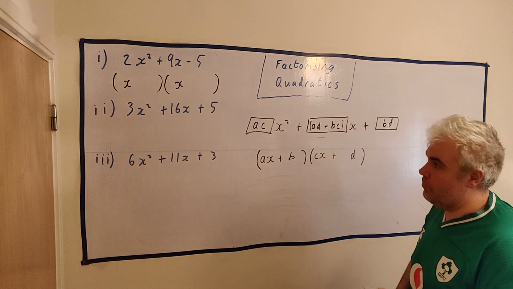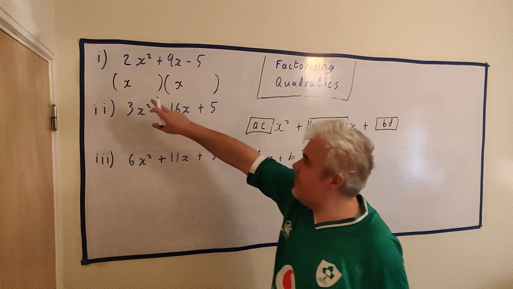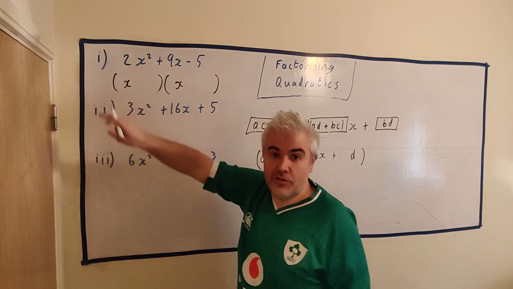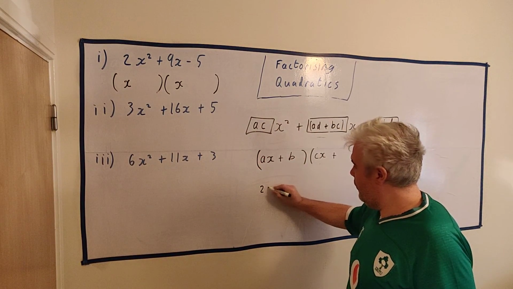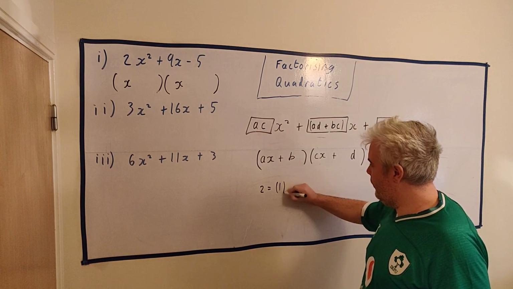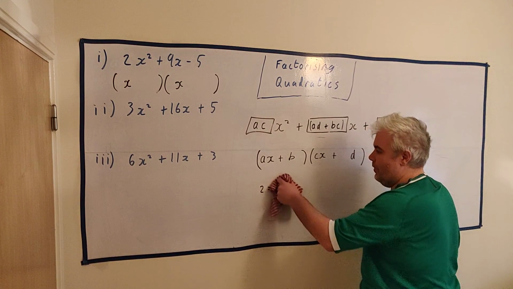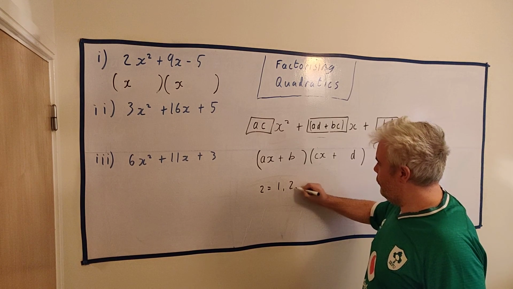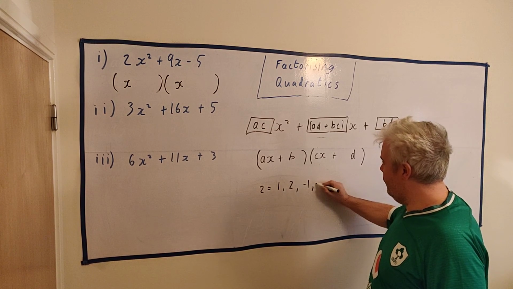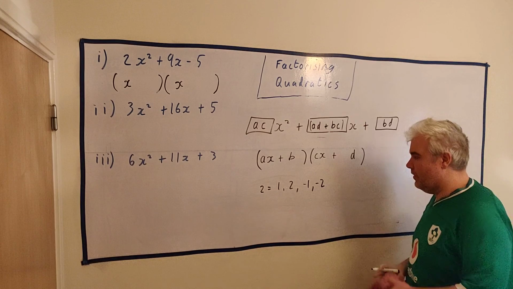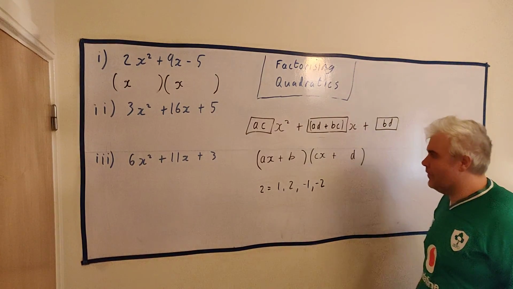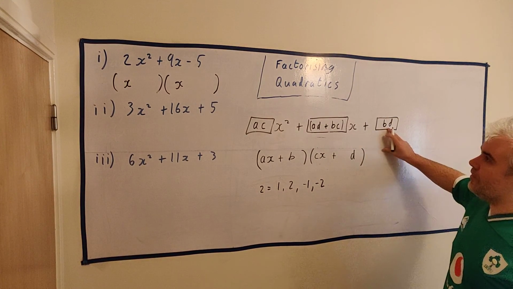So we have 3 clues. One clue is A and C makes 2. So A times C must equal 2. So what are the factors of 2 maybe? Maybe 1, 2, minus 1, minus 2. They're all the things that can make 2. Alright, this one here is easy to do as well.